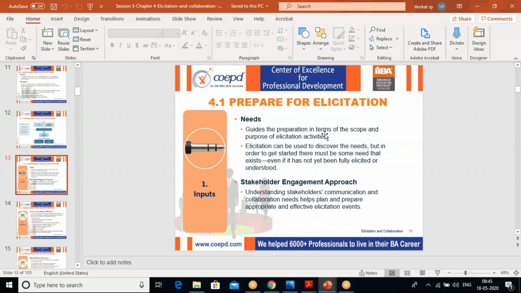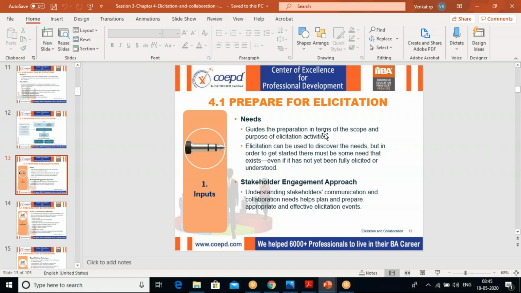Okay, here we are going to take the needs and the stakeholder engagement plan. Needs means here we will understand what the actual project is, what the scope of business analysis is, and what the scope of these elicitation activities is. We need to understand it first.